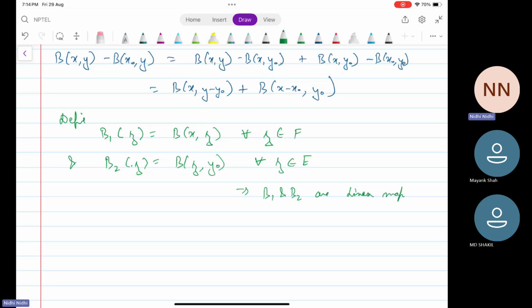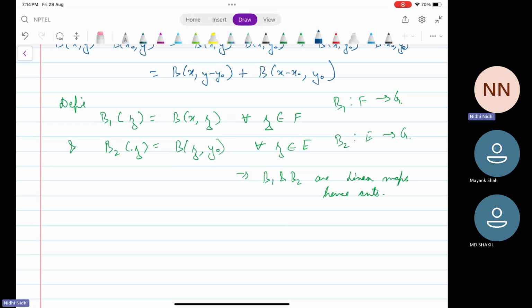Obviously b1 is from F to G and b2 is from E to G. Again, since they are linear maps, hence continuous.